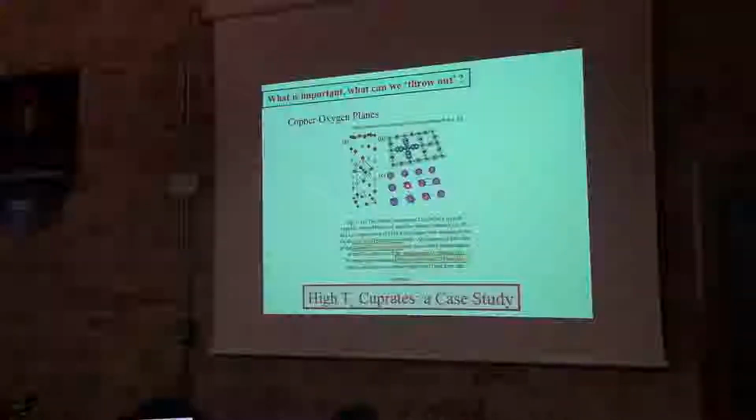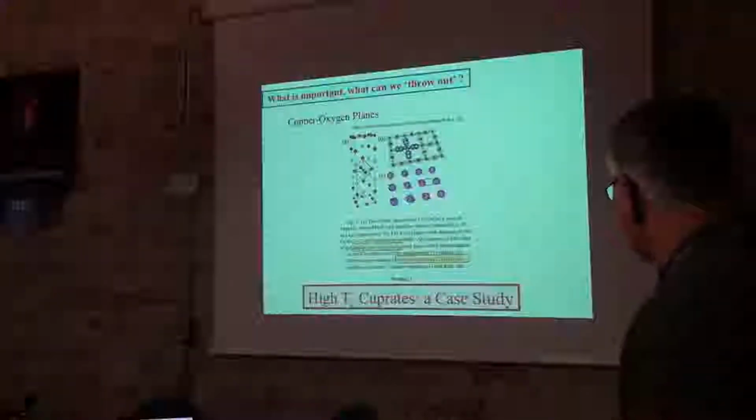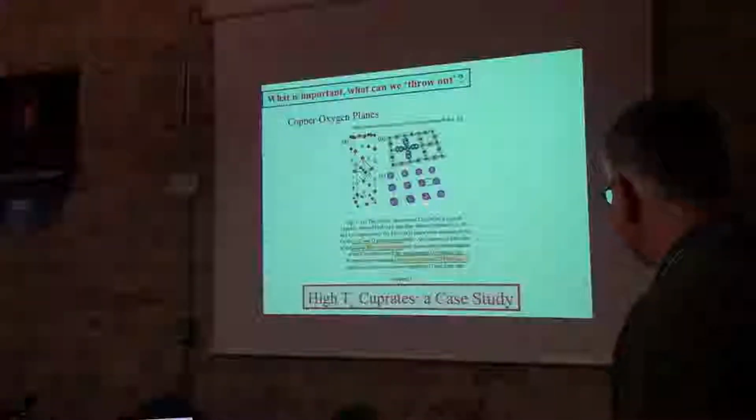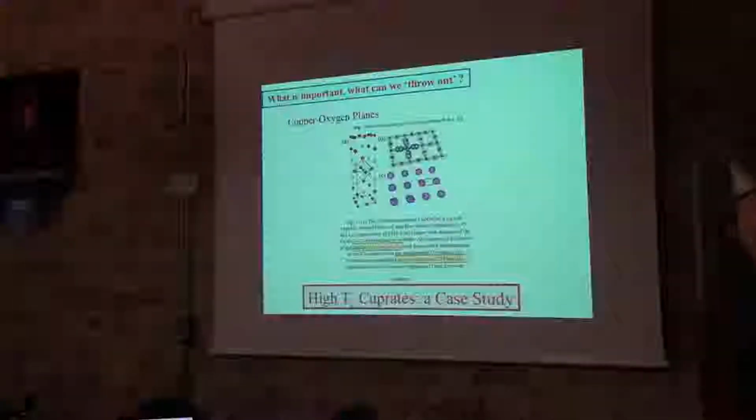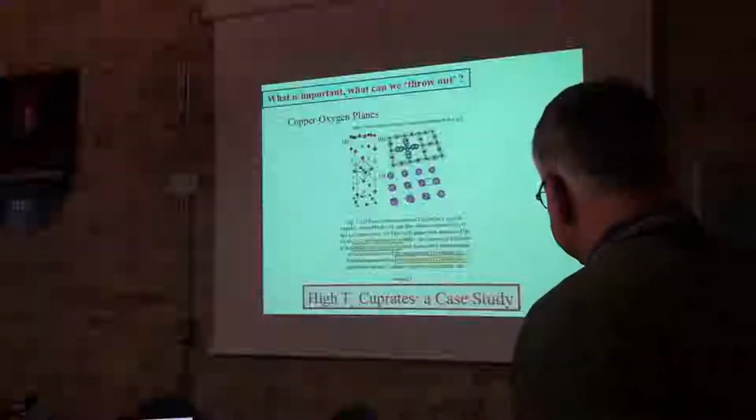So what I've drawn here is a simple square lattice, which is supposed to represent the copper-oxygen planes. And now, because of the work of Phil Anderson and Zhang-Rice, the proposal is that we can understand what's going on here by focusing on a simple square lattice and focusing on something called the Hubbard model.